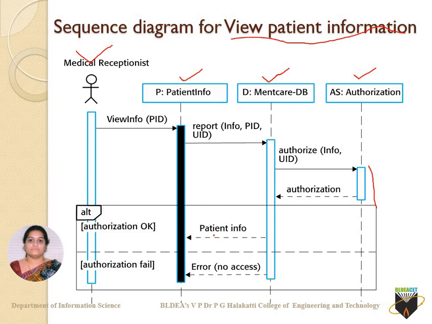After the patient info, what will happen? This is one more very important thing, always keep it in mind. I have drawn another rectangular box here. What is this rectangular box? It shows both of the possibilities. If the authorization is okay, you will view the patient info. If the authorization is not okay, you will get an error: error, no access, an authorization fail. ALT stands for alternative in this sequence diagram. So apart from this, if there is an authorization failure, either the authorization is okay and you will have patient info, or the authorization fails and you will get an error there.